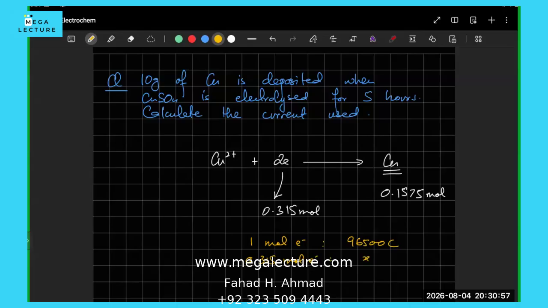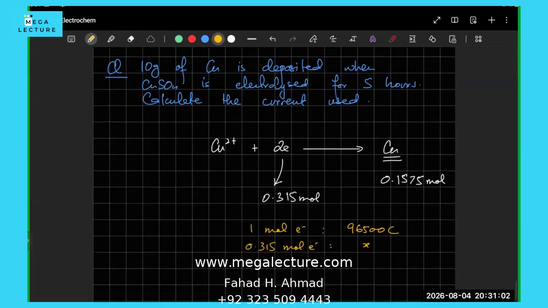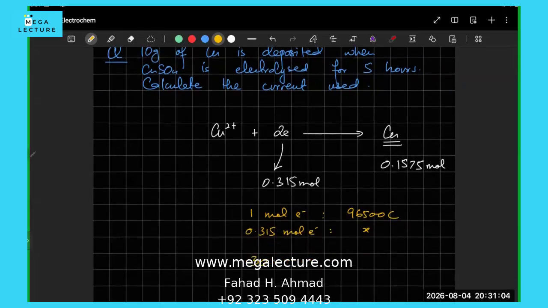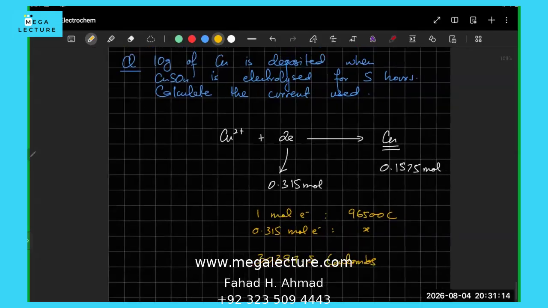It's 30397.5 coulombs, right? Yes. So you have the charge now.